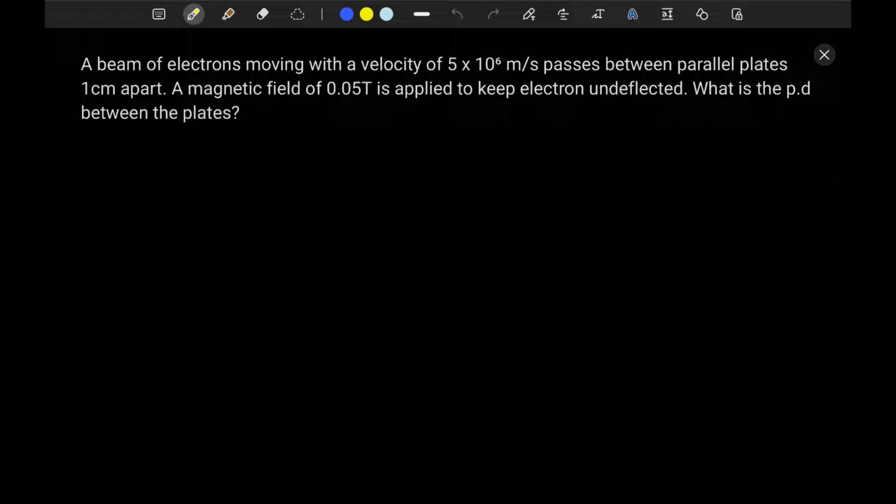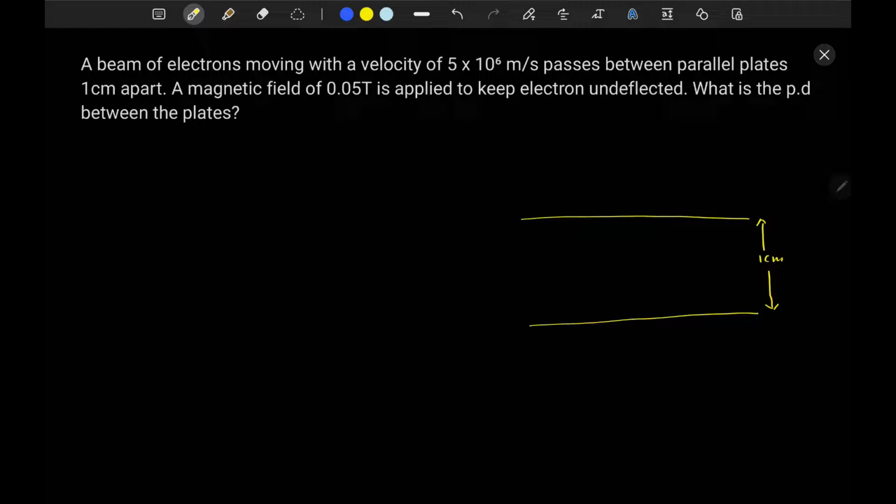A beam of electrons moving with a velocity of 5 × 10⁶ meter per second passes between parallel plates 1 cm apart. A magnetic field of 0.05 tesla is applied to keep the electron undeflected. What is the potential difference between the plates? So we will consider two plates, and the separation between the two plates is 1 cm.